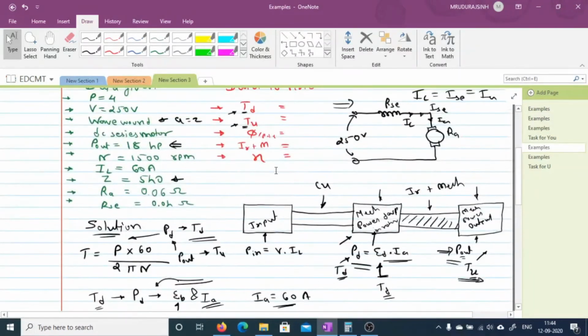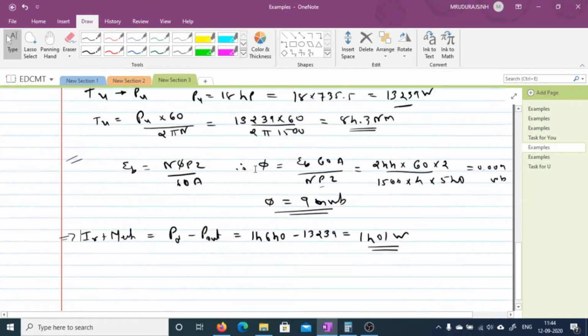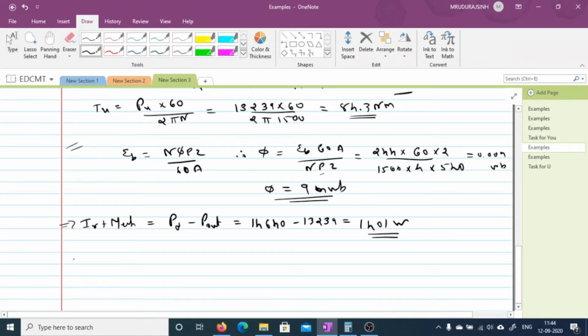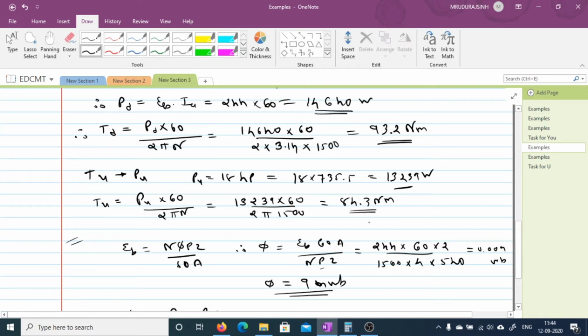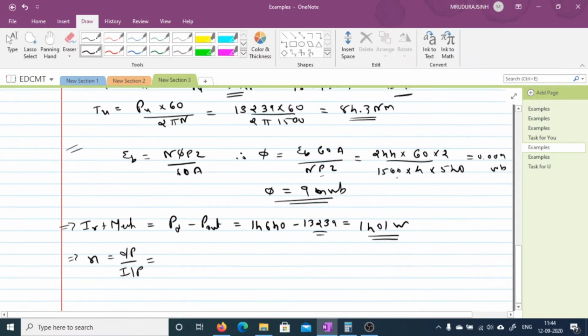Now we need to find the efficiency. So basically, what is efficiency? Efficiency is output by input, right? And this is the output power, 18 HP of output power given by the motor, so it's 13239.